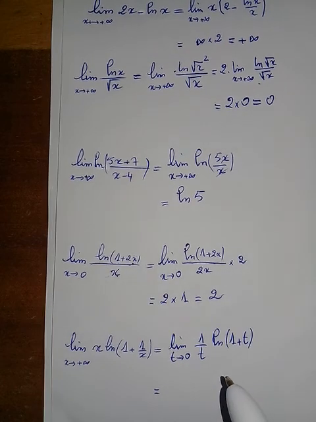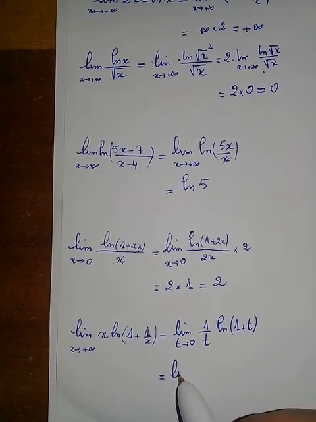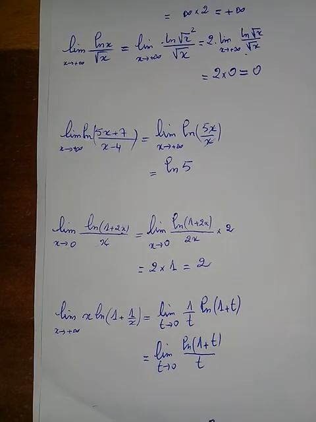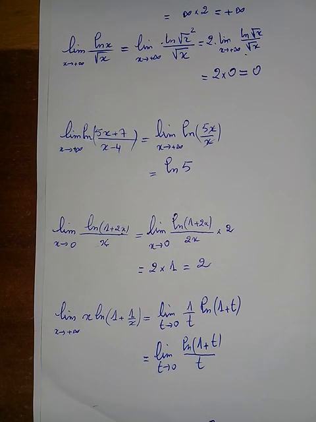Or we can write it this way: the limit as t goes to 0 of ln(1 plus t) over t. And this is a usual limit, it's simply 1.